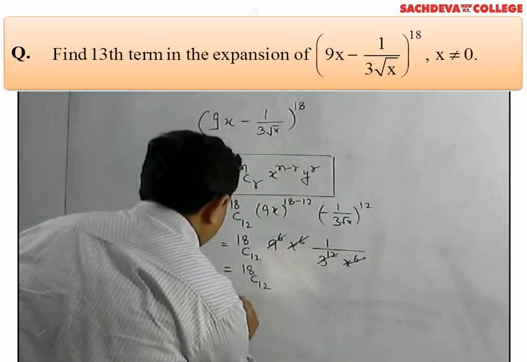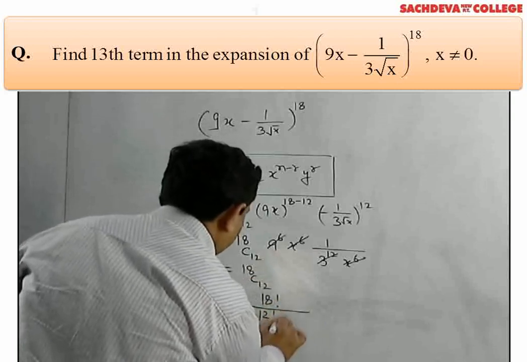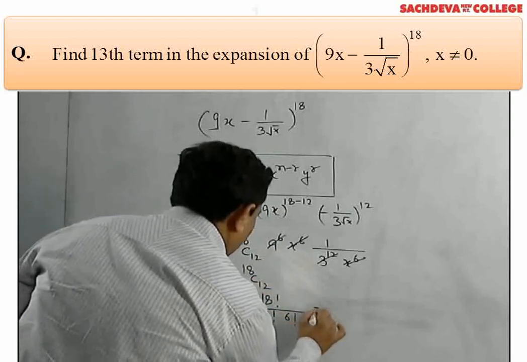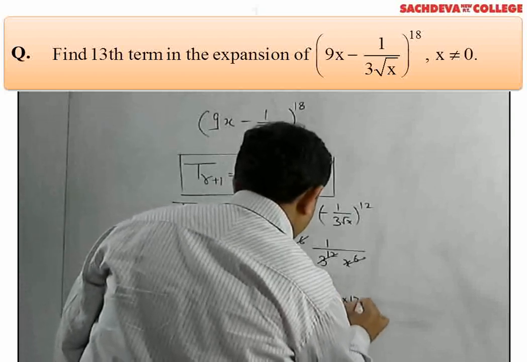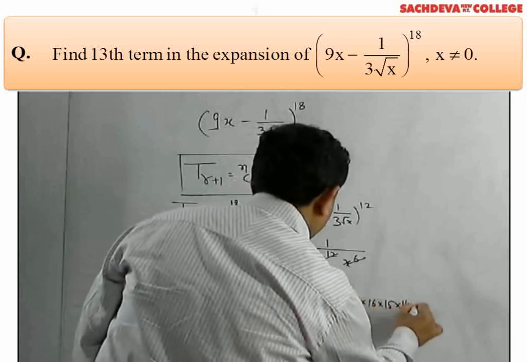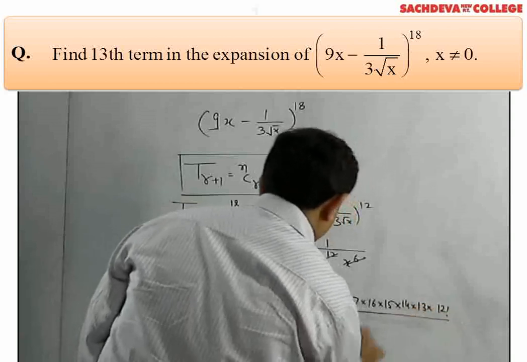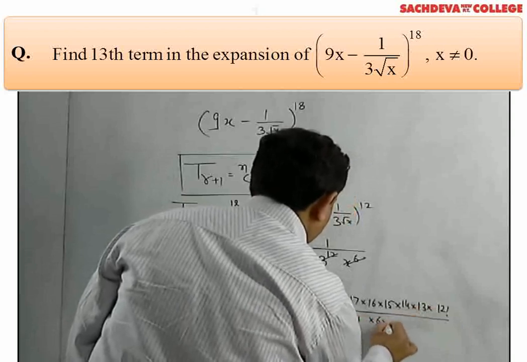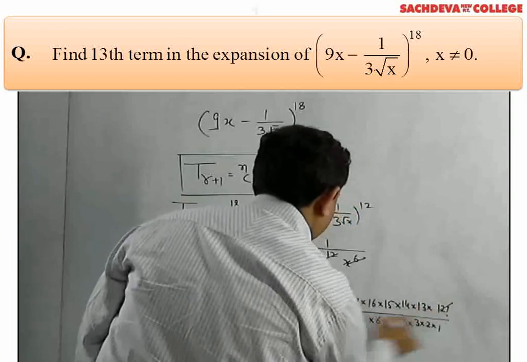This will be equal to factorial 18 upon factorial 12 into factorial 6, which is equal to 18 into 17 into 16 into 15 into 14 into 13 into factorial 12 divided by factorial 12 into 6 into 5 into 4 into 3 into 2 into 1, and just cancel by this.